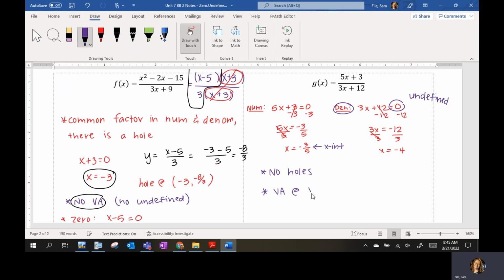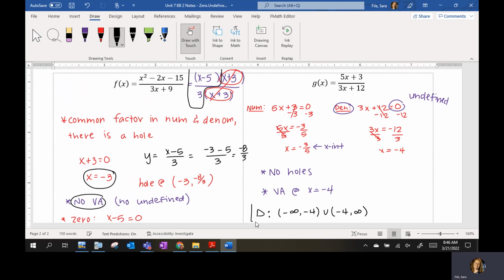So there's a vertical asymptote at x equals -4. There are no holes. So the only break in my domain is at -4. So it would be -infinity to -4 union -4 to infinity.